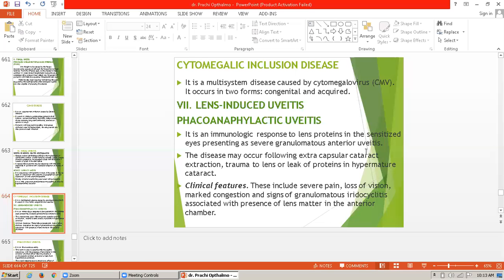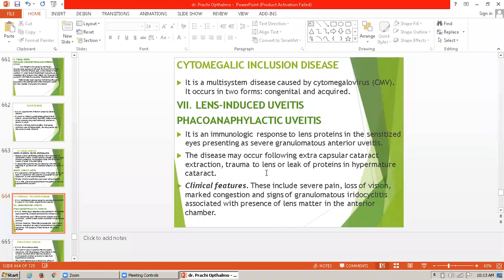So, it is an immunological response to lens protein in sensitized eyes, presenting as a severe granulomatous anterior uveitis, and the disease may occur following extracapsular cataract extraction, trauma to the lens, or leak of the proteins in hypermature cataract.